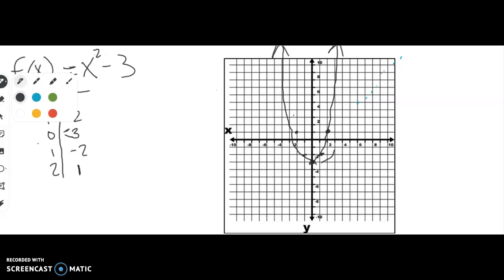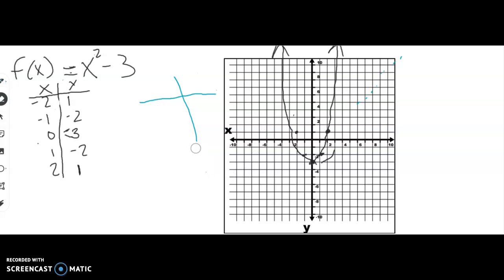Alright, now it asks us to swap our x and y values. I'm going to erase that. And if at any point you need to pause the video or rewind it to get something reclarified, or to make sure you're caught up, by all means go for that.